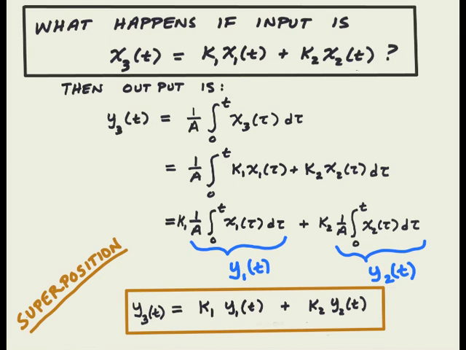And that will give us k1 times 1 over a integral of x1 plus k2 times 1 over a integral of x2. Now the integral of x1 divided by a is y1, and the integral of x2 divided by a is y2. So we find that y3 is equal to k1 times y1 plus k2 times y2. We've just proved superposition for this system.